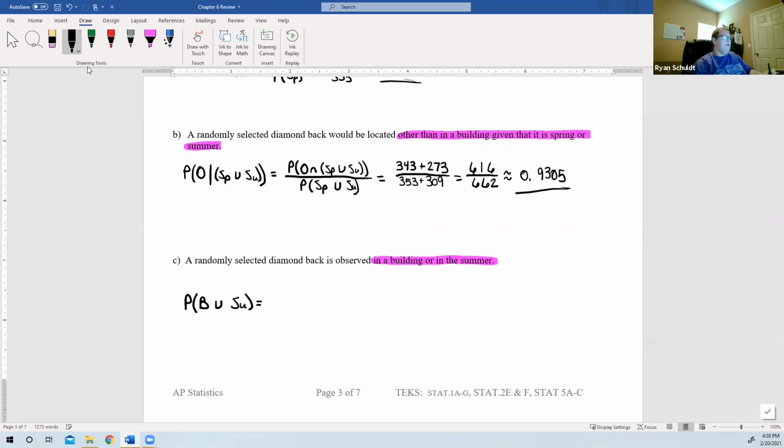Now this one, we're going to have to use the addition rule. We're going to say the probability of the building plus the probability of summer, but we've got to subtract out the probability that both happen because we don't want to double count.